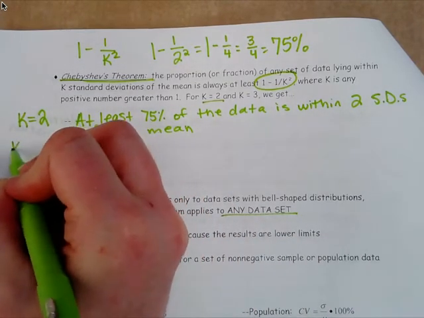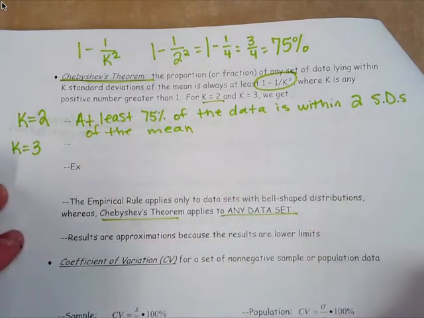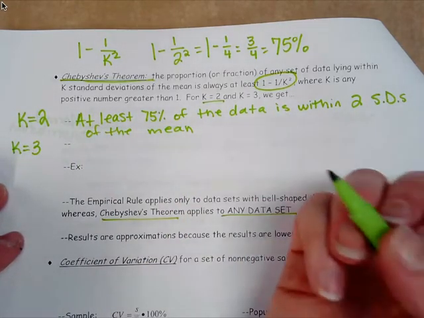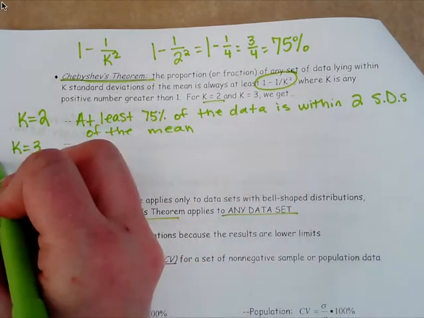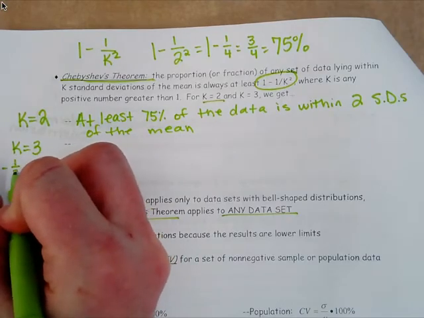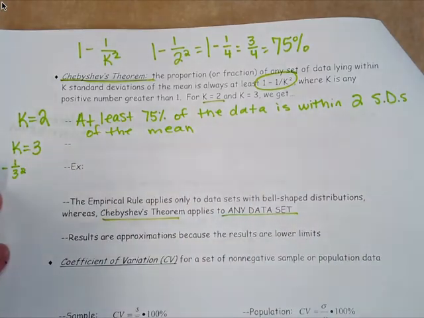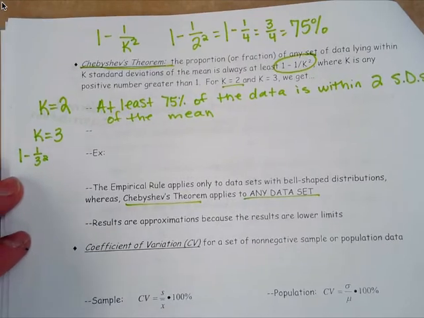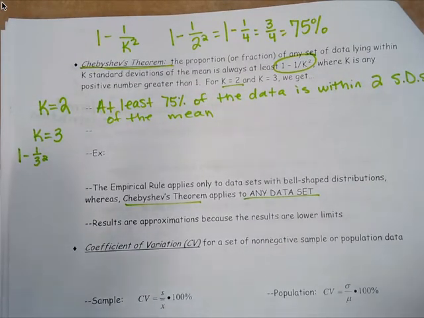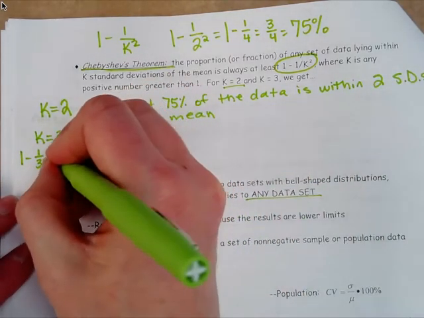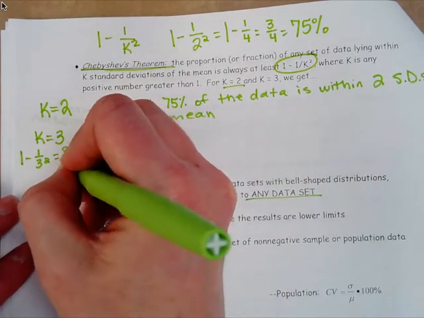So when k is 3, we're going to use that same formula and do 1 minus 1 over 3 squared. So that's 1/9. If I take a whole, take 1/9 away, how many ninths do I have left? 8 ninths.